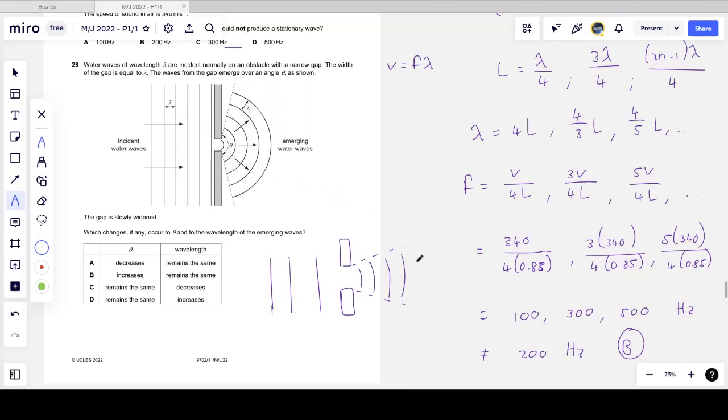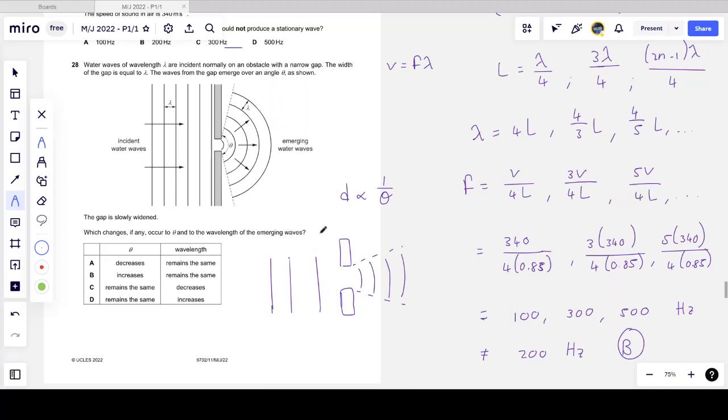And what this means is, although diffraction still occurs, it occurs less, and so theta decreases. What we know is that d is inversely proportional to theta. The width of the gap, d, is inversely proportional to theta. So more diffraction occurs when the gap is smaller, and less diffraction occurs when the gap is wider.